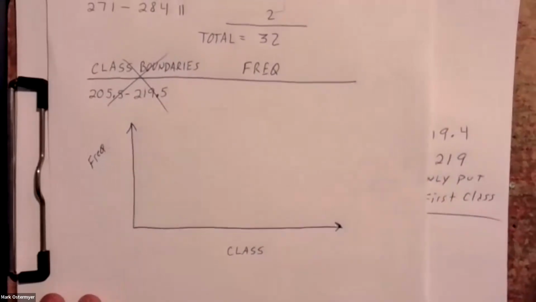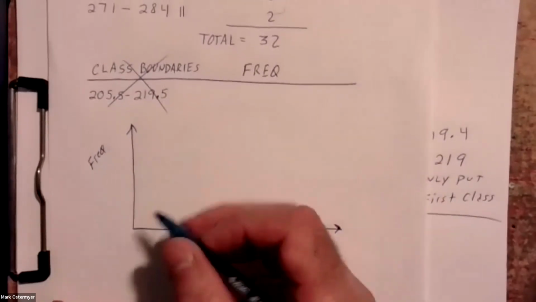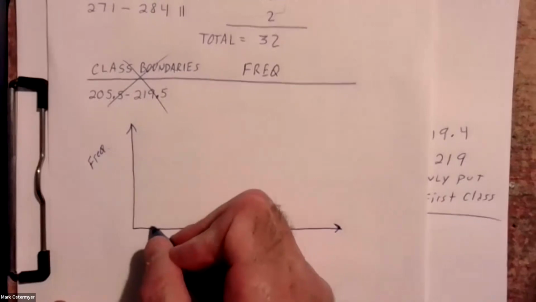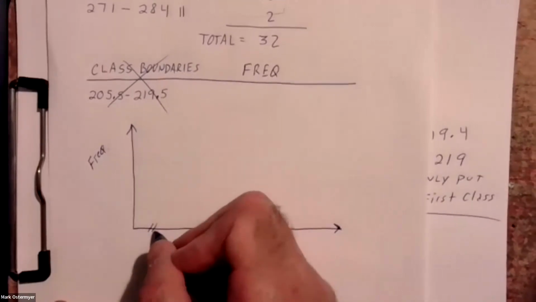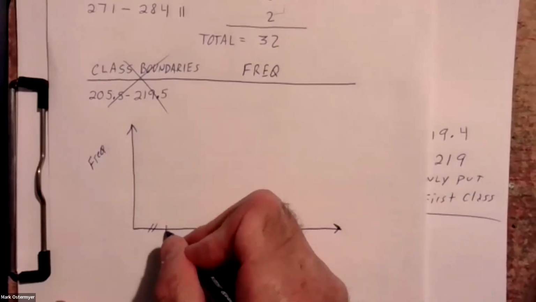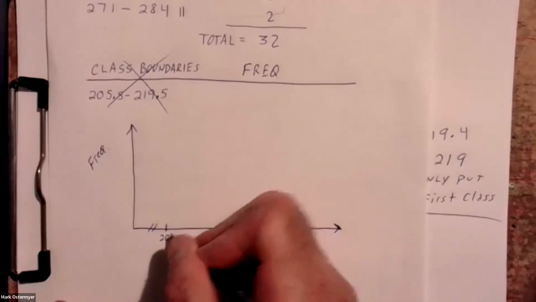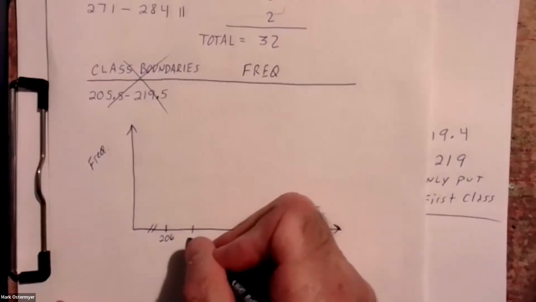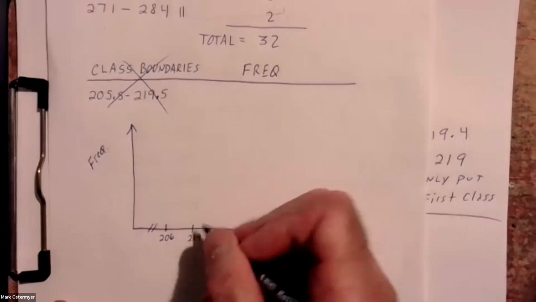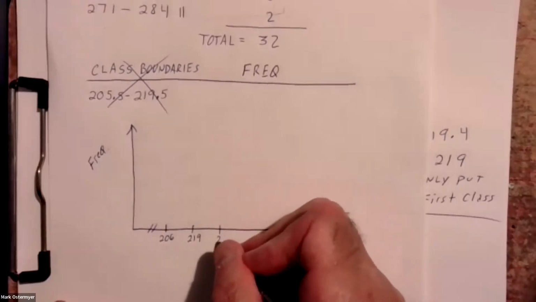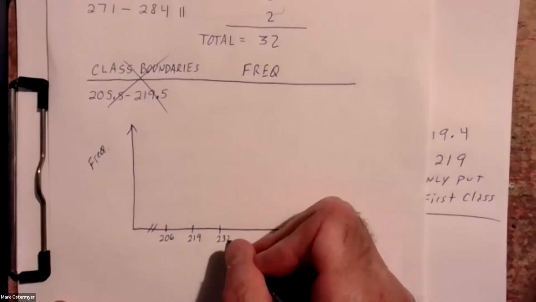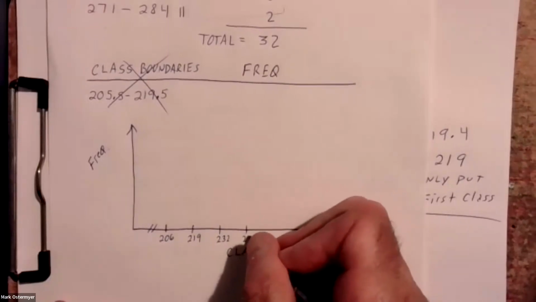Okay, so what we'll do is we can have a break in the graph from 0 up to, and we can start off at 206, and we can run this right into 219. And then 219, we can go up to 232. And 232, we can go up to 245.